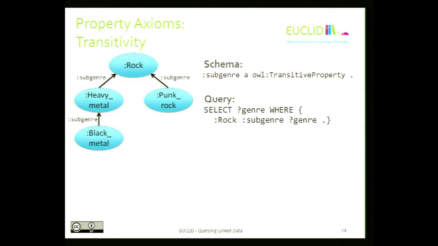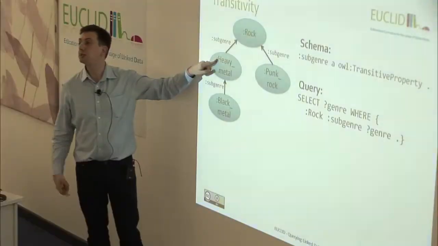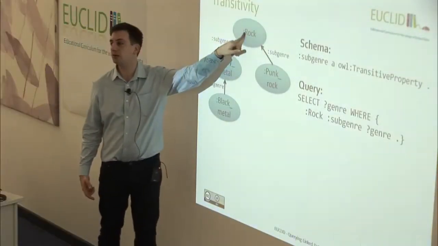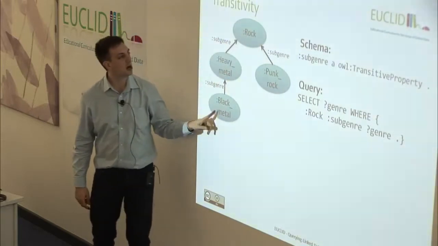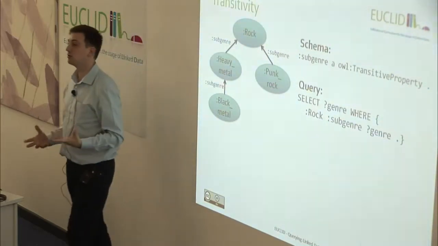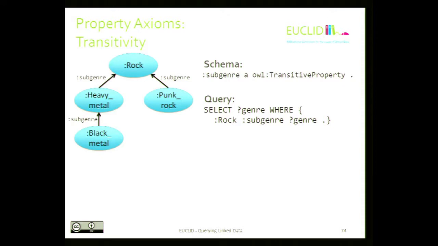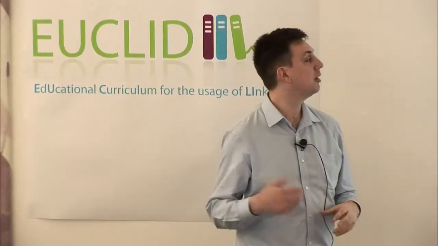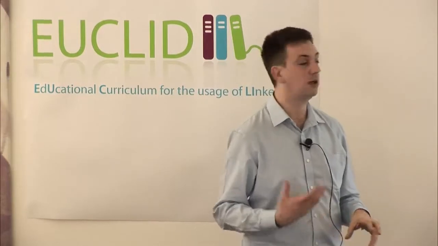Transitivity means if I'm related to one thing through this property that we say is transitive, and it's related to something else, then we can infer that I'm related to that thing through the property. Okay? So we might use this, for example, to introduce a subgenre relationship. So here's 4 musical genres: rock, punk rock, heavy metal, and black metal.